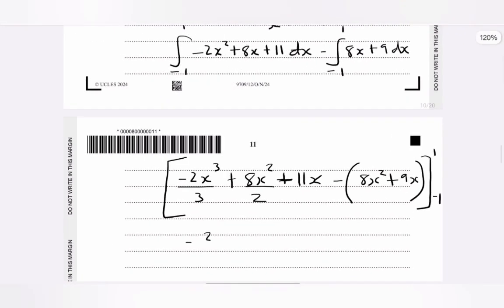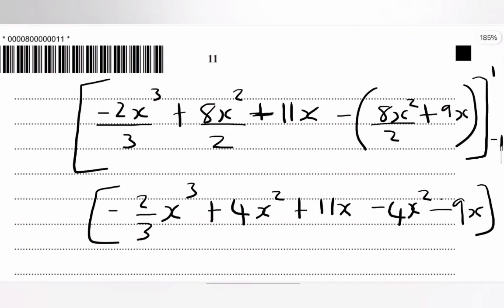This is going to give us minus 2/3 x to the power 3 plus 4x squared plus 11x minus 8x. This is 8x squared, it should be over 2 because we're dividing by the new power, and this should be 4x squared minus 9x. So after this we apply our limits.